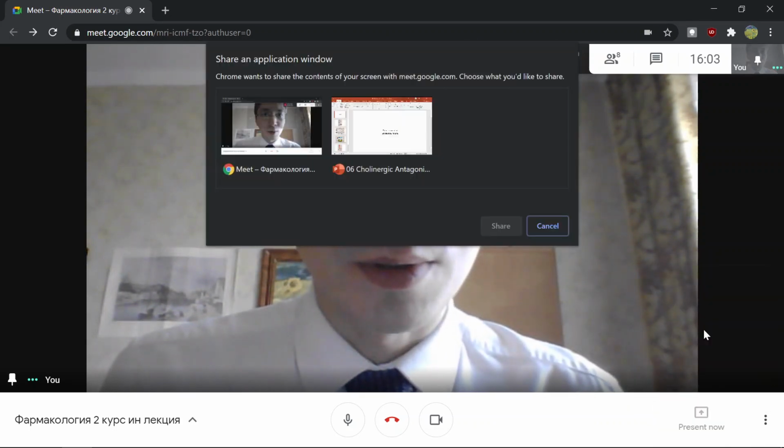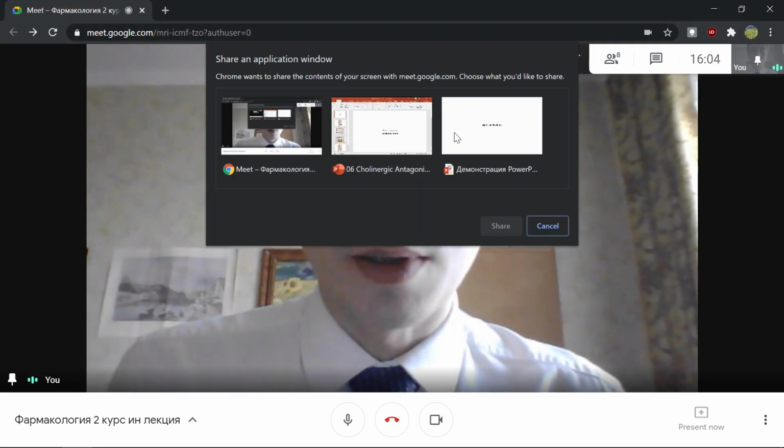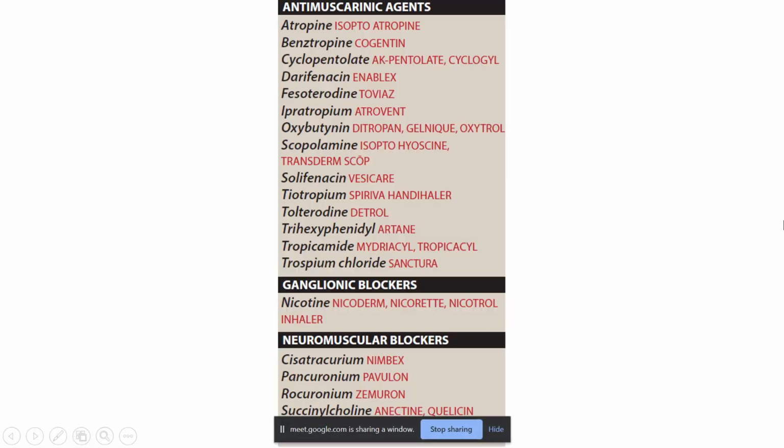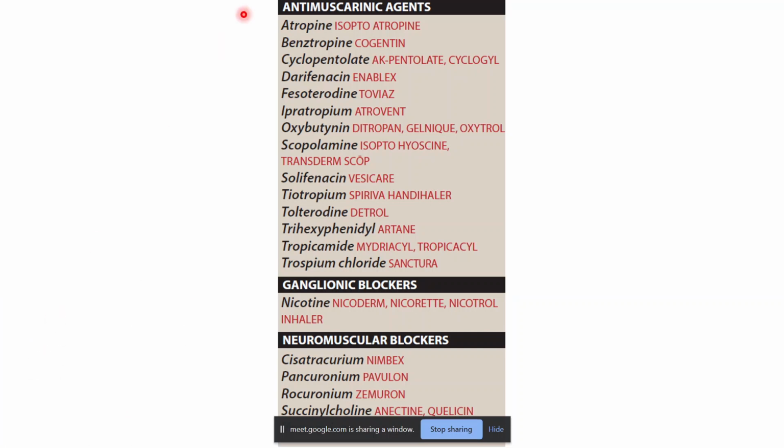So the classification includes three groups. First group is anti-muscarinic agents. Anti-muscarinic agents are most common, and atropine is the principal drug.